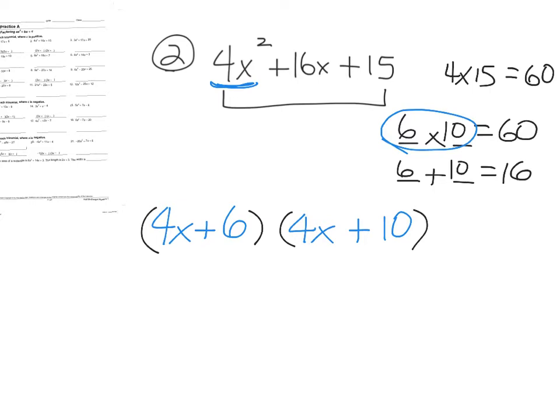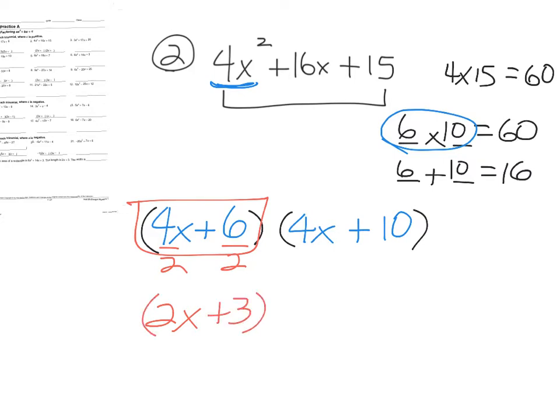Okay, now what we're going to do is simplify this thing. What could I divide them both by to make them smaller? 2. So I'm going to divide the 4 by a 2 and the 6 by a 2. And then my answer here is 4 divided by 2 is 2x, 6 divided by 2 is 3.